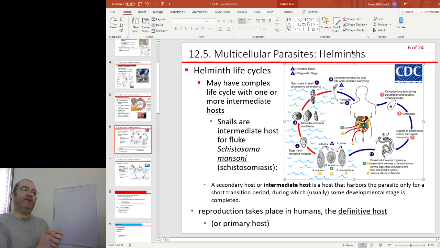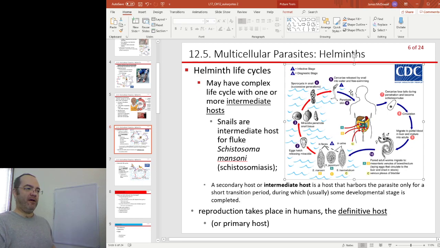Inside the snail, the parasite undergoes more of its life cycle steps. Another infective stage in the life cycle, called cercariae, then exits the snail back into the environment, and in this case they penetrate the human via the skin.